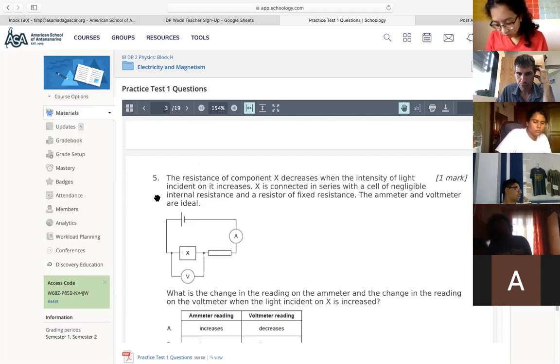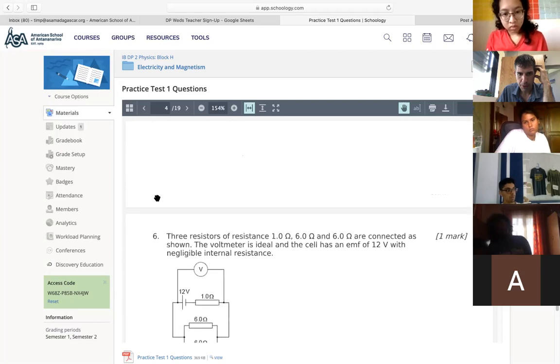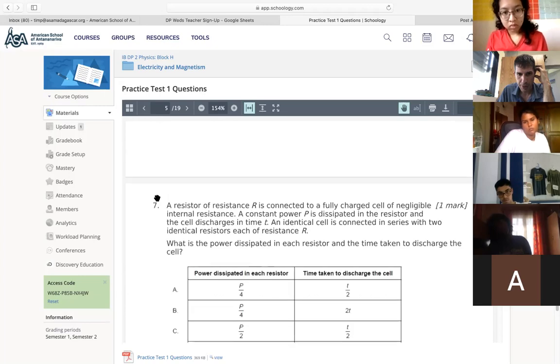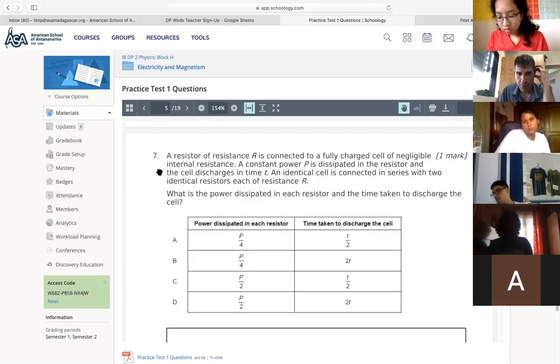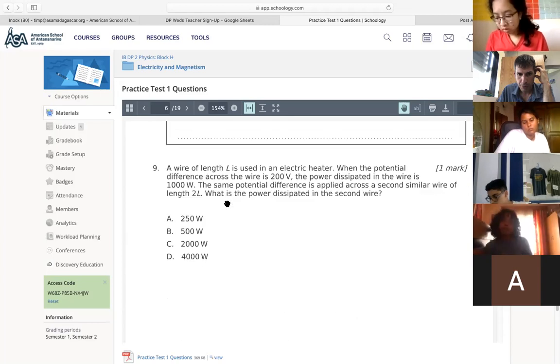I think we did number 5 in class, so ignore that one for now. We did number 6 in class, I think. Do number 7, and do number 9. So these are not for tomorrow, but for Thursday.